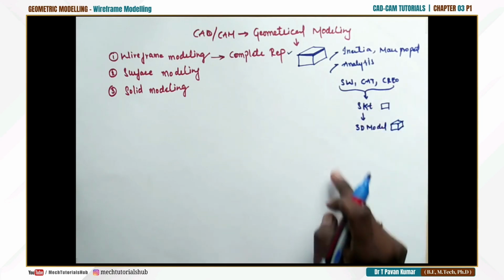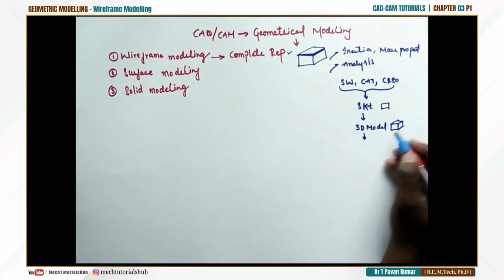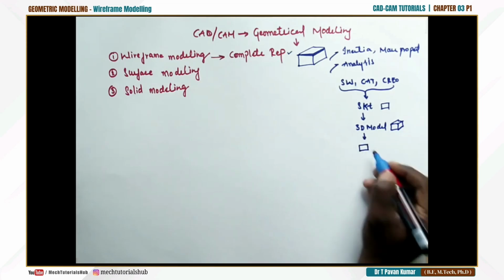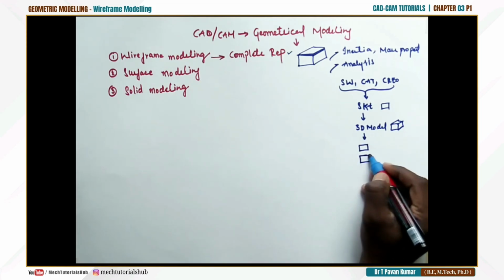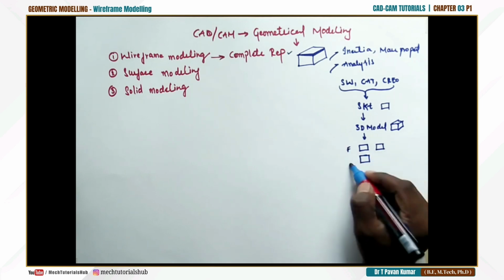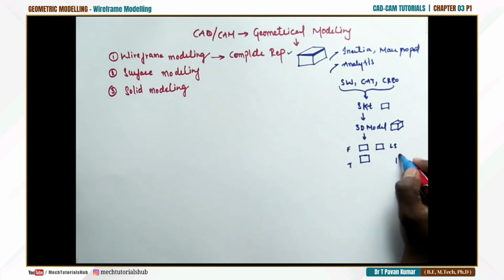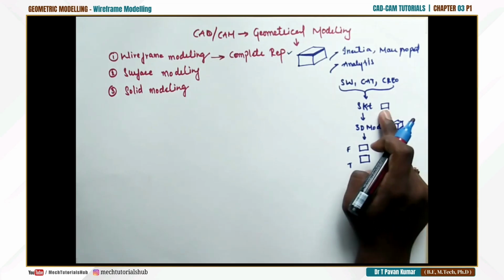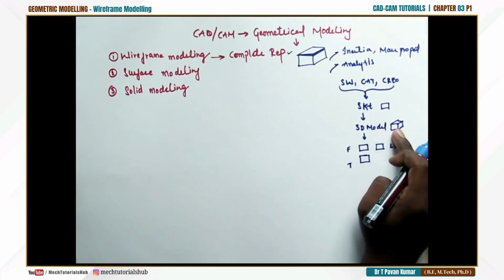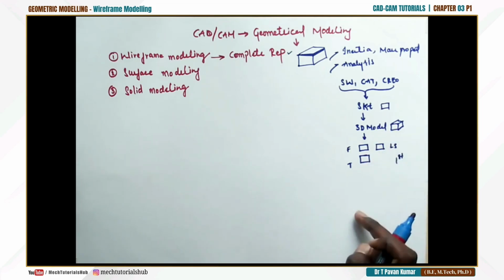After this, you extract the views of that component, top view, front view and side view, say in first angle projection. So we draw a sketch, followed by a 3D model by adding an extrusion feature or any other feature, and then again extract views out of this model.